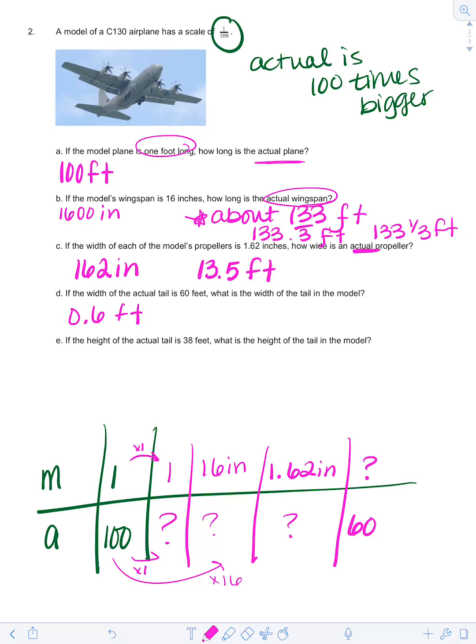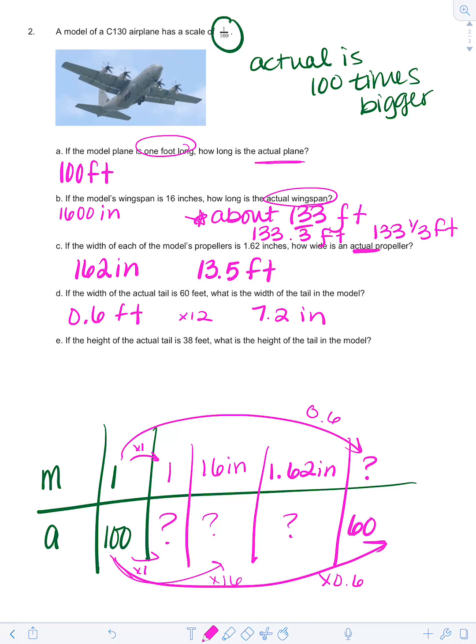If you want to convert that to inches, you could multiply by 12, get 7.2 inches. Again, you're trying to get from 100 to 60, that would be times 0.6. And then the last one, the height of the actual is 38.